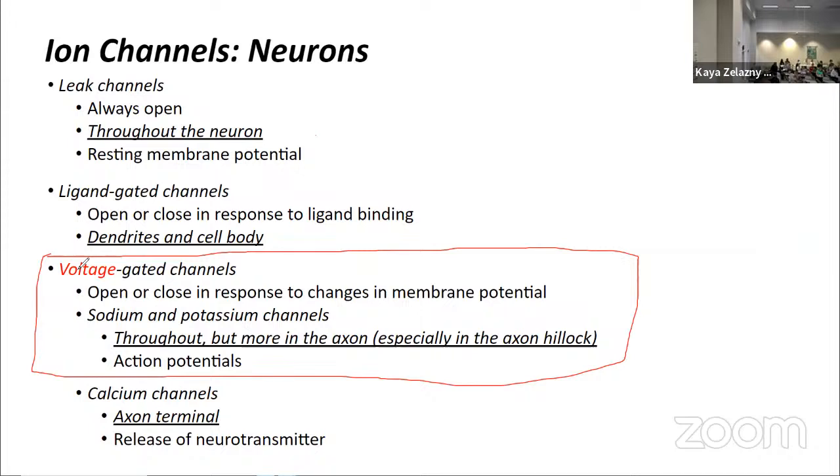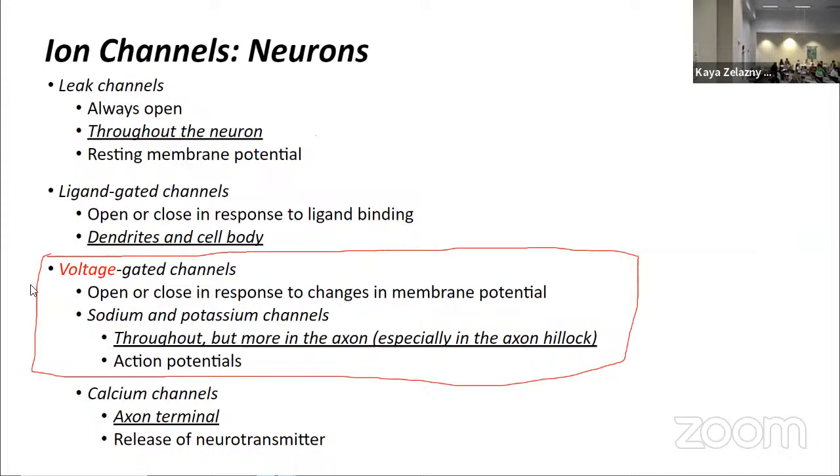When we hit that voltage and it causes them to open, this starts the action potential in the axon hillock. So we have lots of extra voltage-gated channels in the axon hillock, and lots down the axon as well, because that's our communication highway. We will see some of them elsewhere, but that's where they're most important, because that's where our action potential is really happening.